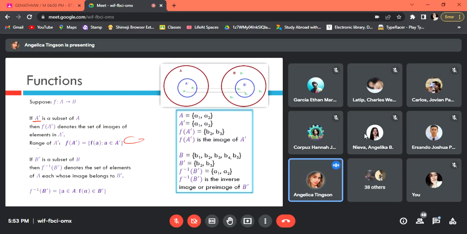Then, range of A complement is equal to function of A complement is equal to f of a, where a is an element of A complement. So, ganun din, no, sa B complement natin.